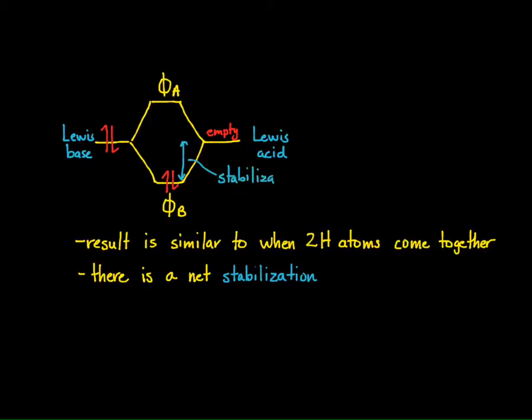So that is where the stabilization comes in, which often drives the reactivity of 2 things coming together. Remember, generally speaking, unless you add a lot of heat or a lot of energy to something, in terms of a spontaneous reaction, there has to be a driving force for that to occur. We're going to explore a lot of Lewis acid-base chemistry in the following chapters.